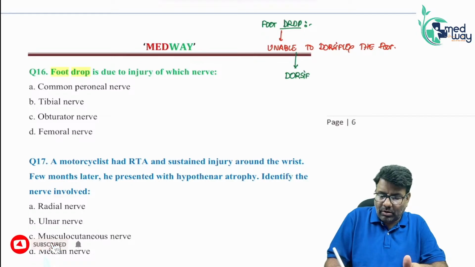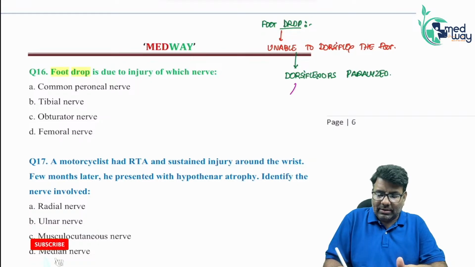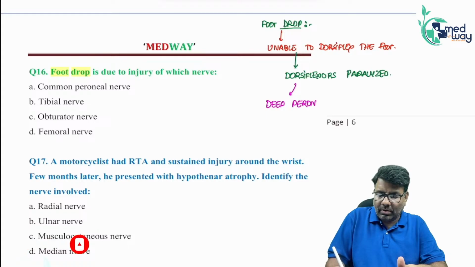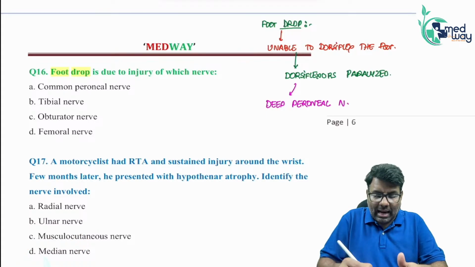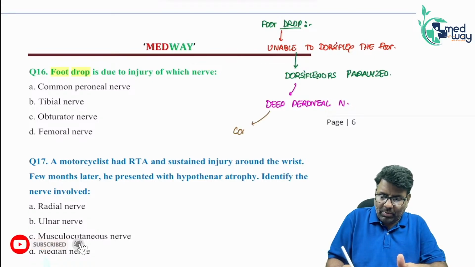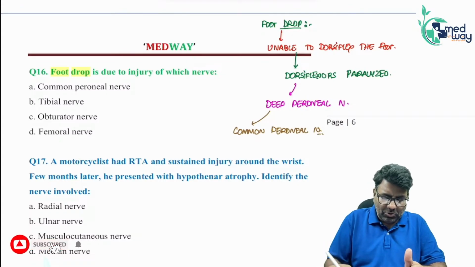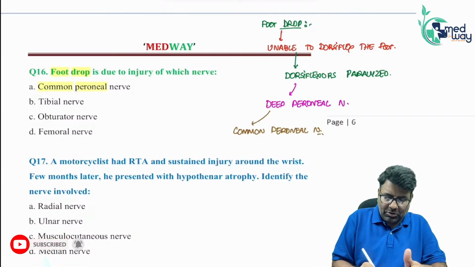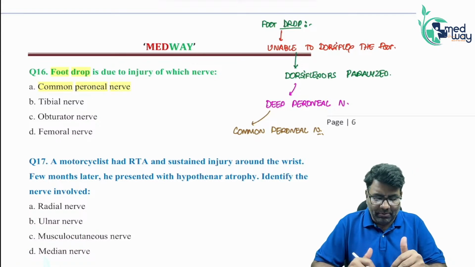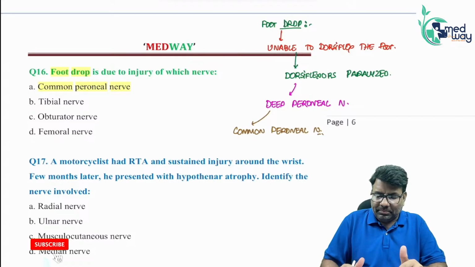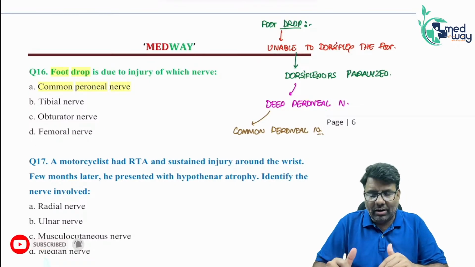These are the dorsiflexors of the foot, and dorsiflexors are supplied by the deep peroneal nerve. And the deep peroneal nerve is a branch of the common peroneal nerve. So this is how you should take this question, and in most of the MCQs you will have common peroneal nerve as the answer, and that is because isolated injury of the deep peroneal nerve is not that common.